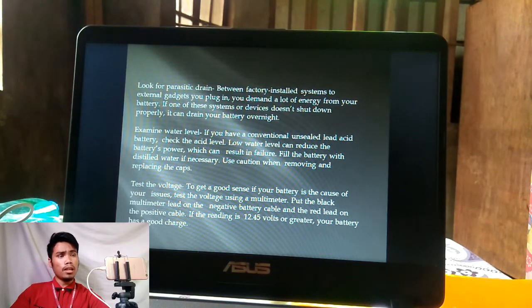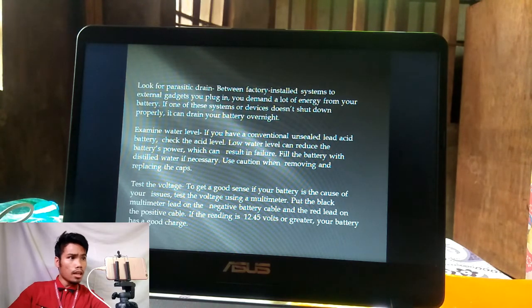Next, examine water level. If you have a conventional unsealed lead acid battery, check the acid level. Low water level can reduce the battery's power, which can result in a failure. Fill the battery with distilled water. If necessary, use caution when removing and replacing the caps.